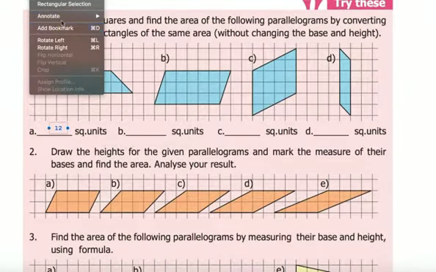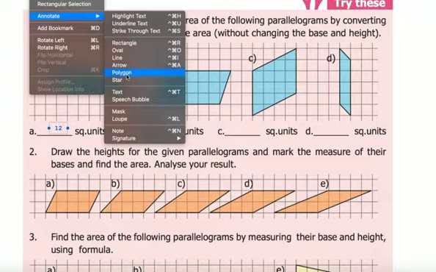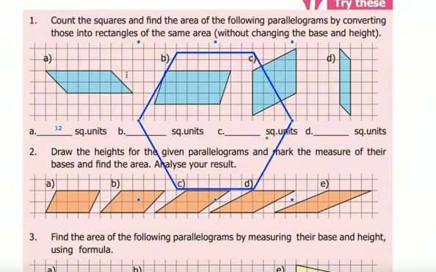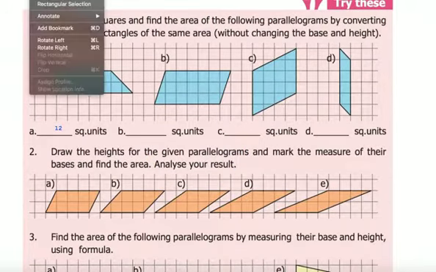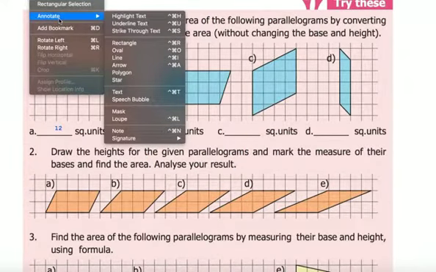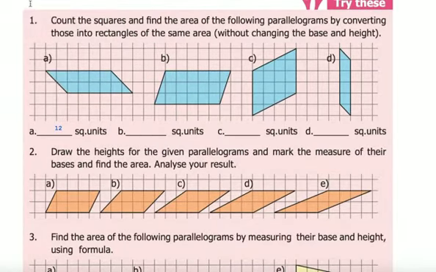Somewhere I saw a polygon. Can I use a polygon for that purpose? No, what I need is not a rectangle, not a bubble, not a line, not an arrow. I need a triangle. Polygon is there, star is there, rectangle is there, square is there, but there is no triangle available right now.